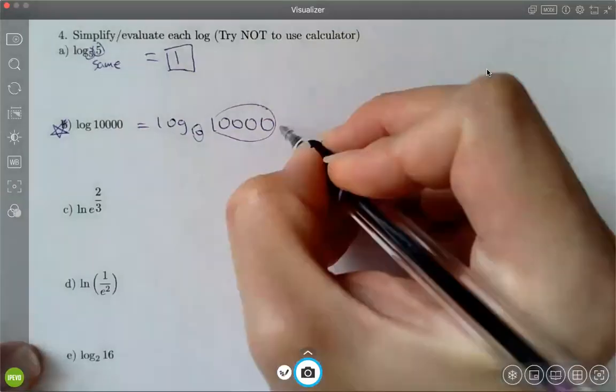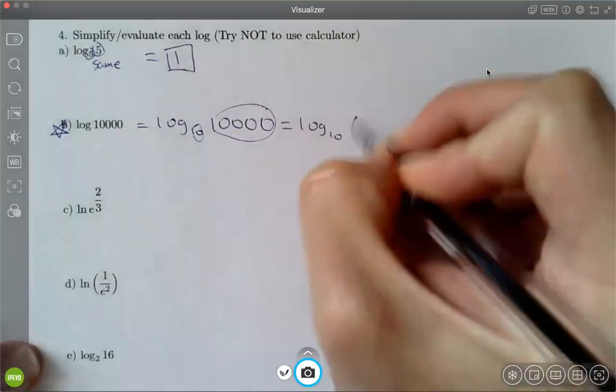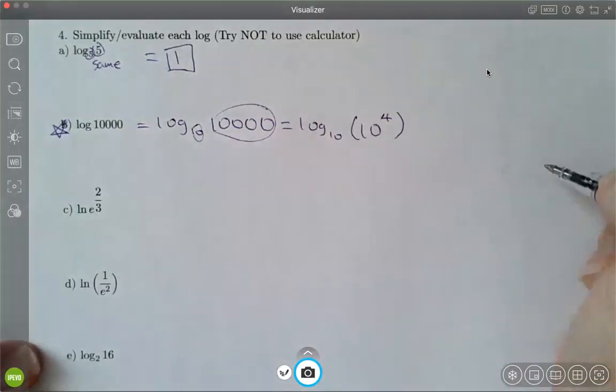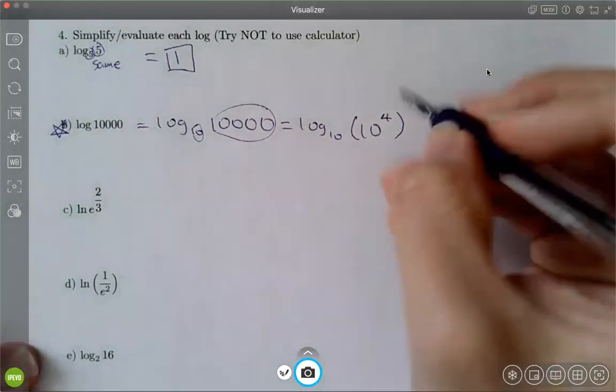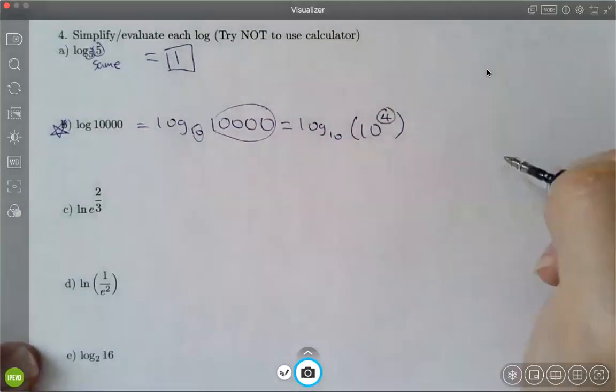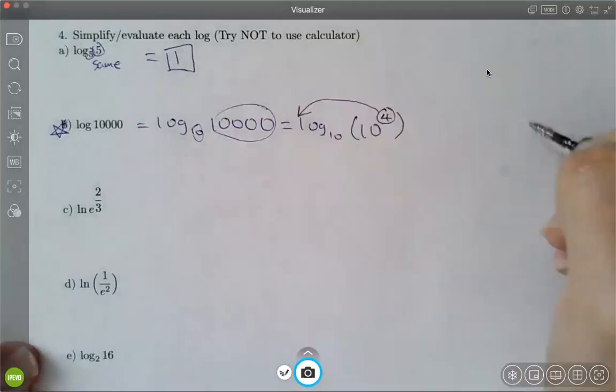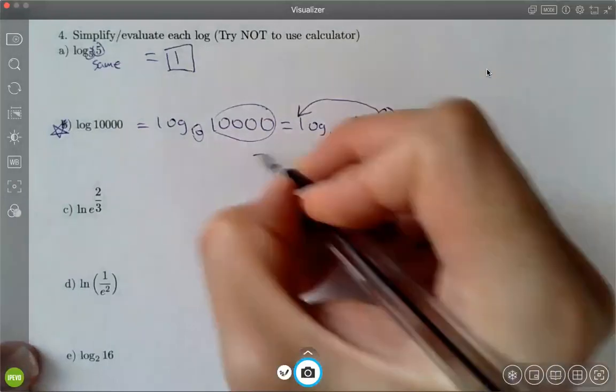So what does that mean? It's 10 to the fourth power. We just count the number of zeros and we get 10 to the power 4. And now what can we do? Here we see the exponent within the log. So we can pull it out and put it in the front.